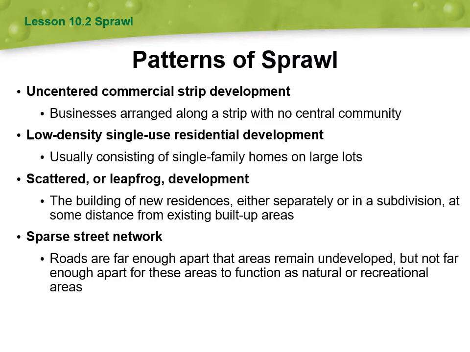So these are usually your housing developments where you have single family homes on fairly large lots compared to apartment living. So you're not too closely packed, but you're closely packed enough that you're still considered an urban area. Then you got scattered or leapfrog development. This is what we see in our area, where we have the building of new residences all over, like subdivisions, but no real forethought into how they're set up.